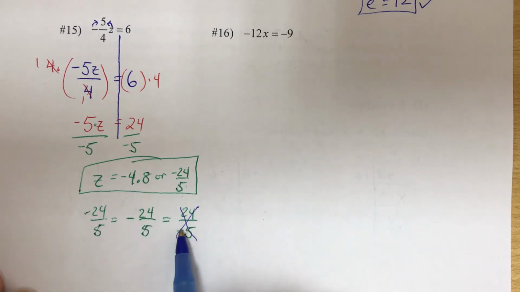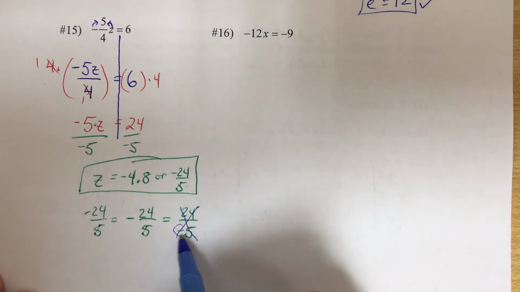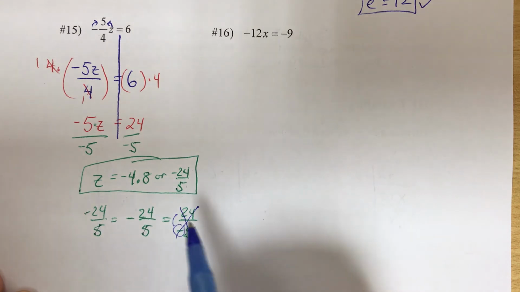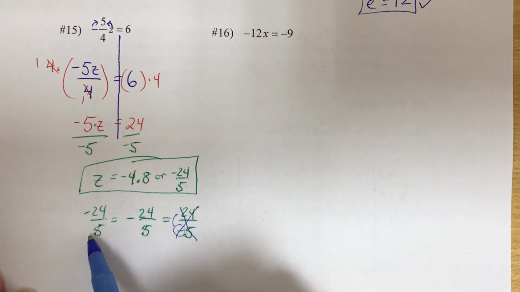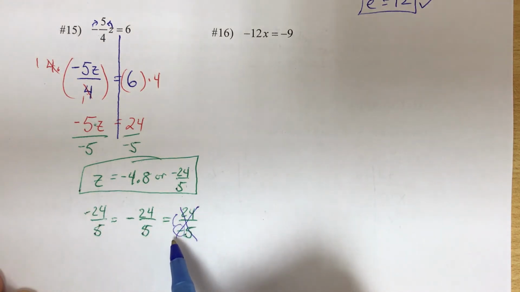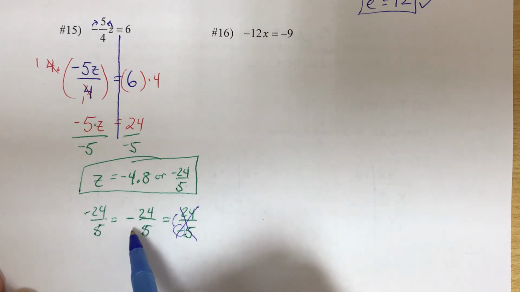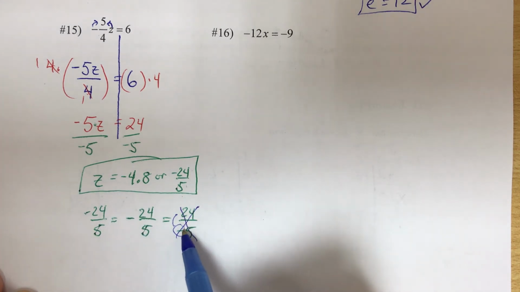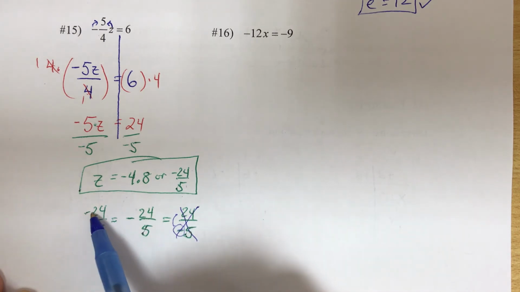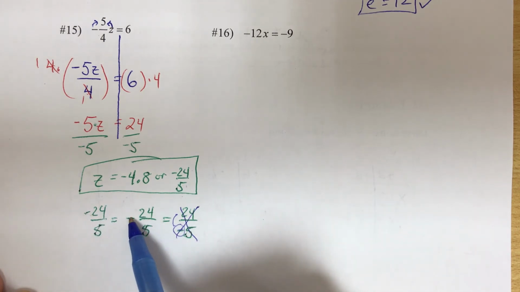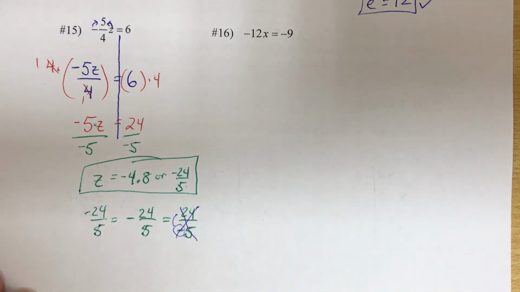Okay, so I would ignore that. I would move the negative to the top. As long as it's a negative divided by a positive or a positive divided by a negative, you still get a negative value. But just so you know, we don't normally leave the negative there in a fraction. We would write it in the top or we would pull it out front. Okay, so they're all the same.